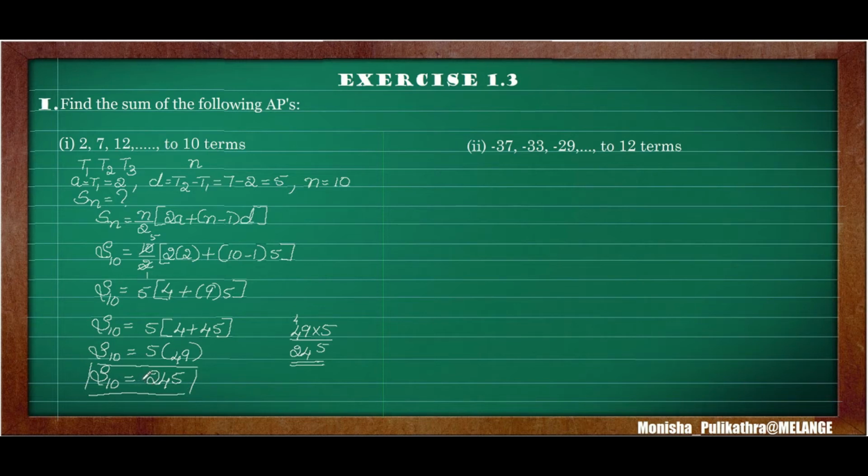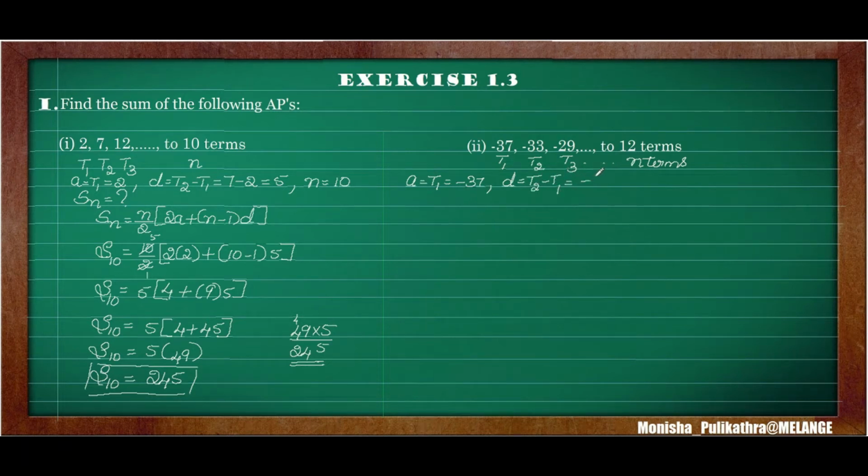Moving on to the second problem. The second problem is minus 37, this will be T1, this is T2, T3 up to N terms. Here A is equal to T1, that is equal to minus 37. Next D is equal to T2 minus T1.